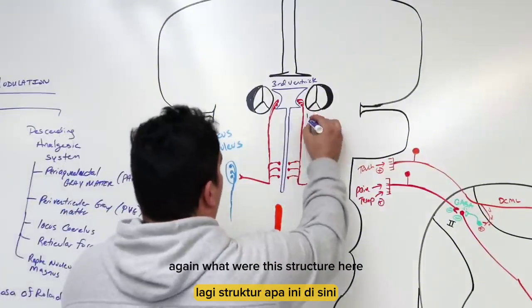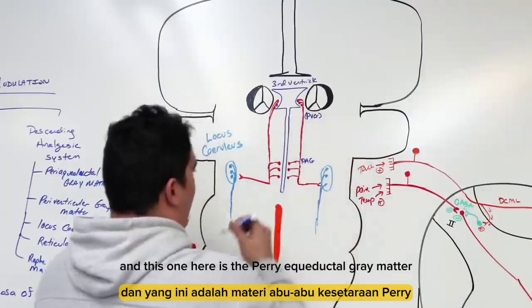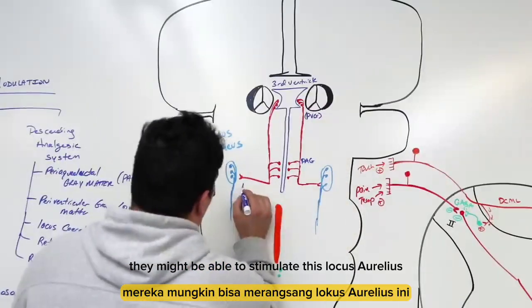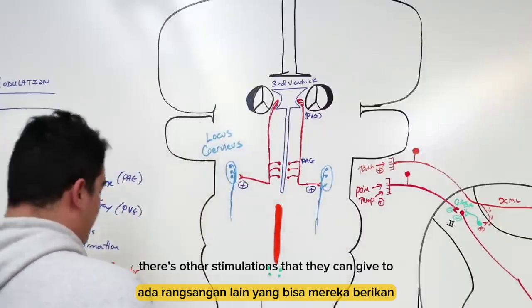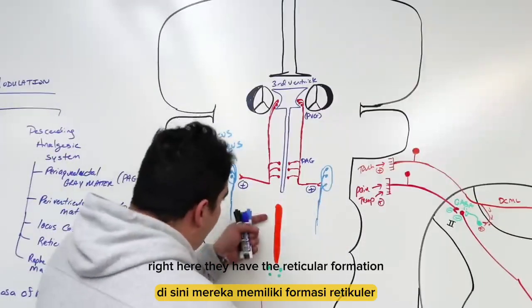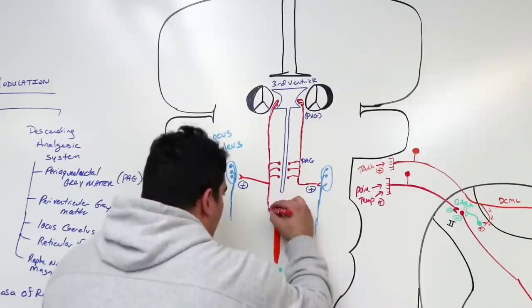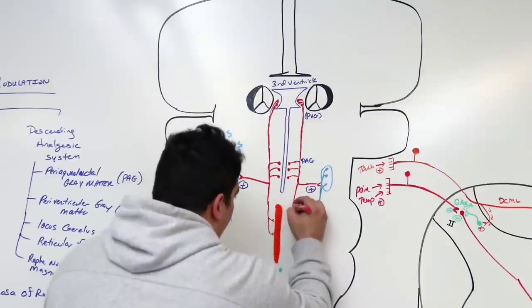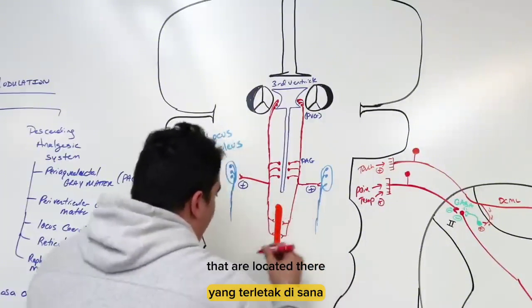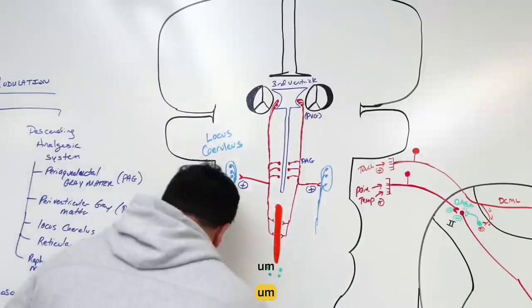So again, what were this structure here? This was the periventricular gray matter, and this one here is the periaqueductal gray matter. They might be able to stimulate this locus coeruleus, right? What else? There's other stimulations that they can give too. Right here, they have the reticular formation. The reticular formation also has some special nuclei that are located there. And these guys got a heck of a name.